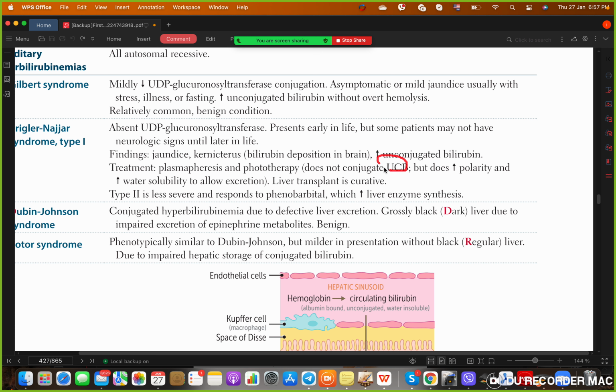It just increases its polarity and water solubility, thus it will go out in the urine. Okay? So liver transplant is curative, while type 2 can respond to phenobarbital.